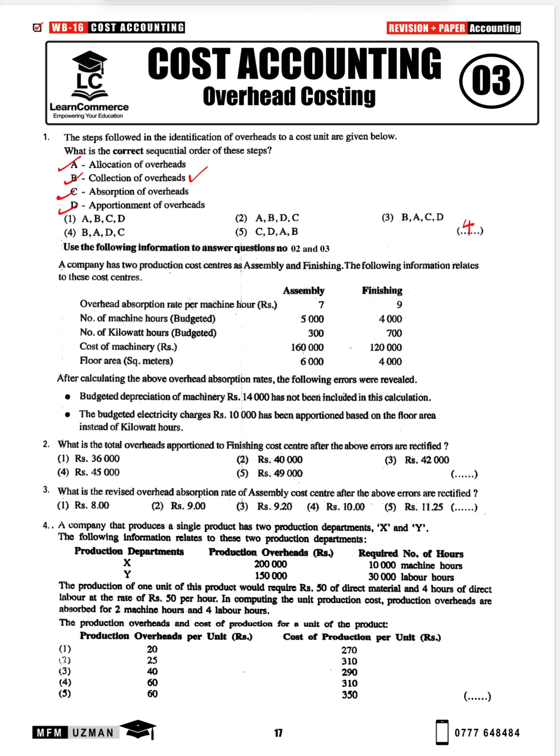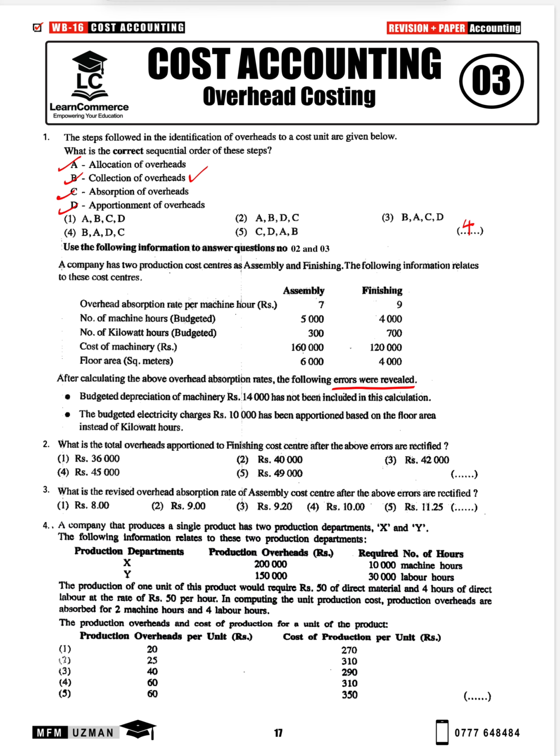If you go to the second question, a company has 2 production cost centers, assembly and finishing. The following information relates to these cost centers. The overhead absorption rate is per machine hour for each department. They have said that after calculating the above overhead absorption rate, the following errors were revealed.